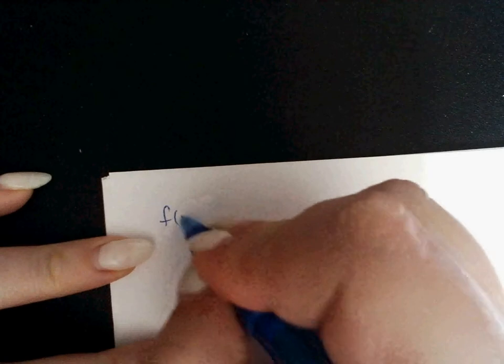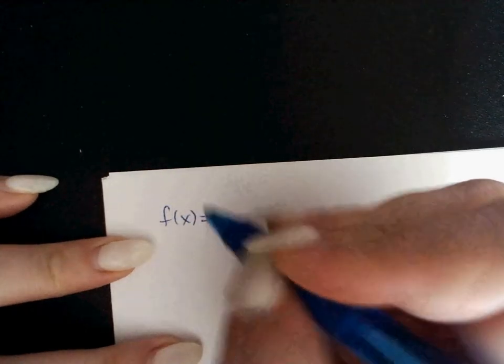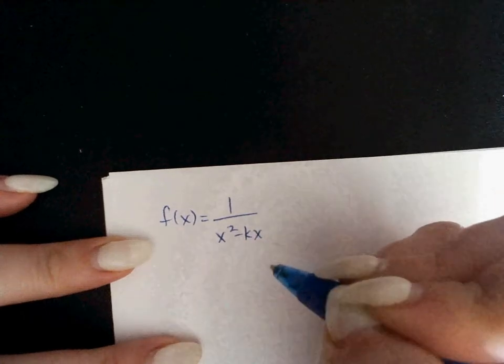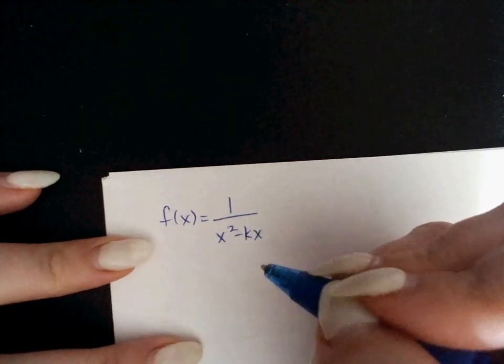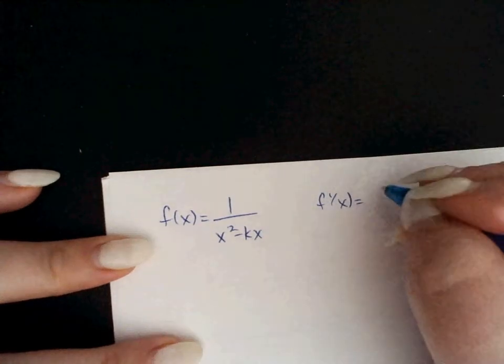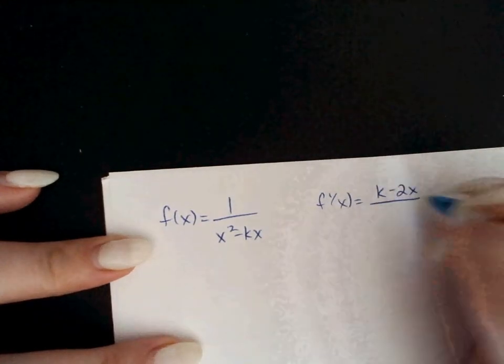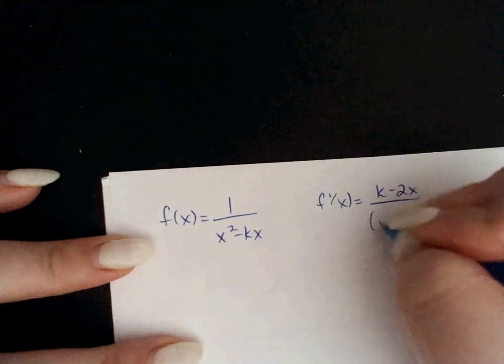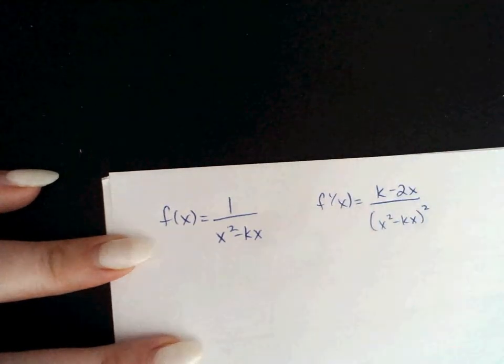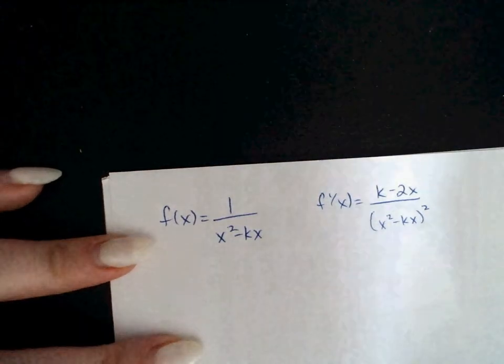So the third FRQ starts with, consider the function f of x equals 1 over x squared minus kx, where k is a non-zero constant. The derivative of f is given by, so f prime is given by k minus 2x over x squared minus kx quantity squared.